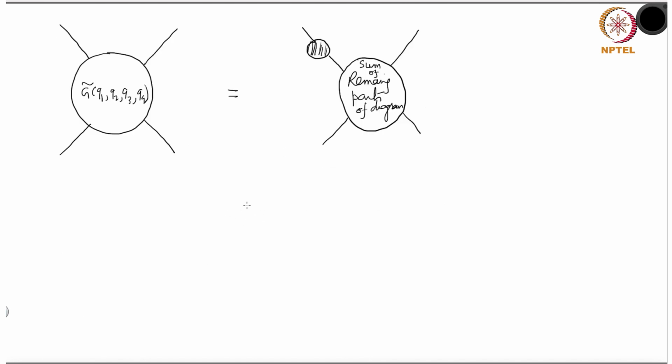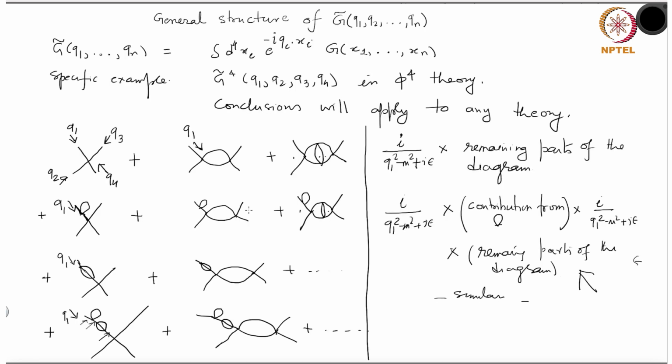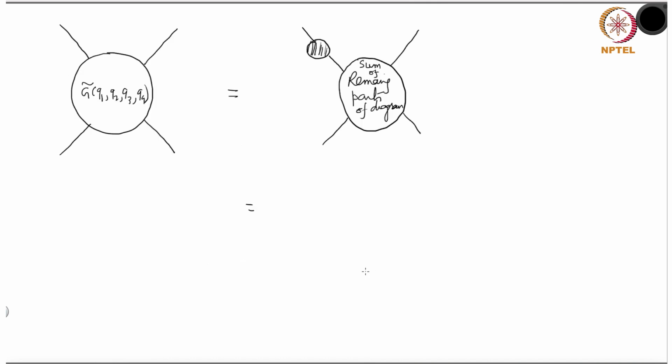And of course, then you realize that there is nothing special about the first leg. I can do the same thing on all legs, meaning I can look at the contributions of this kind also. Well, let's start with the lowest order diagram. So you could have a bubble here, you could also have a bubble here, and also this, there is also this diagram, of course, and all possibilities.